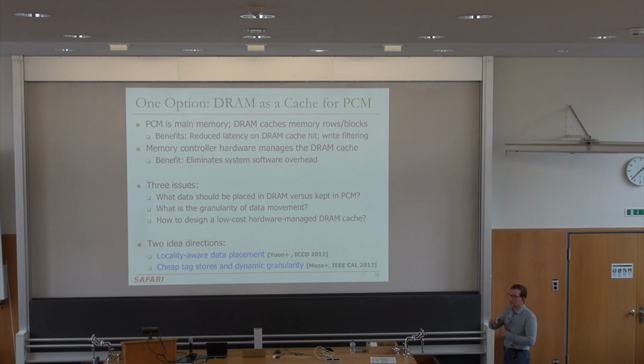Basically, whenever you do the virtual to physical address translation, you also store some bits saying that this address is actually inside your DRAM cache or not, right? And that's nice because now the overhead of keeping the tag store is part of your virtual memory system, and you do the translation all the time, so you get that for free almost.